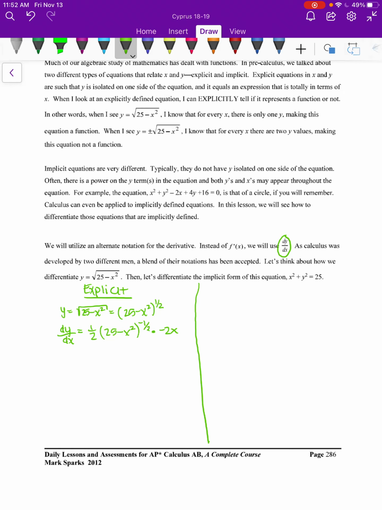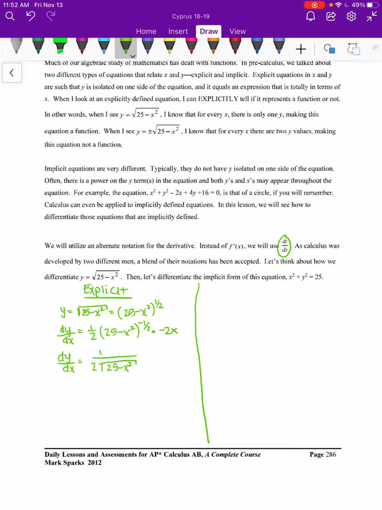Okay, now I just want to clean it up a little bit. So we have dy dx is equal to 1/2 times the square root of 25 minus x squared.